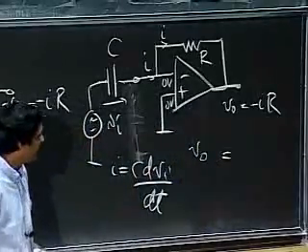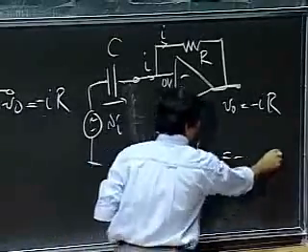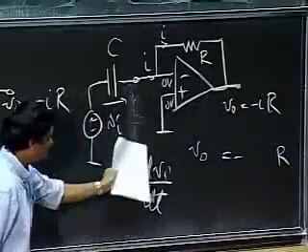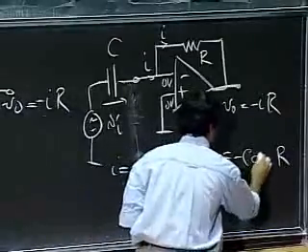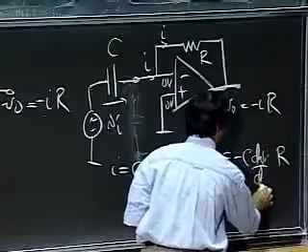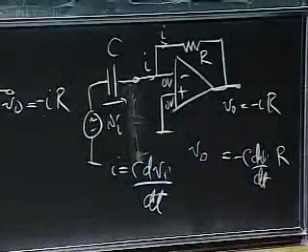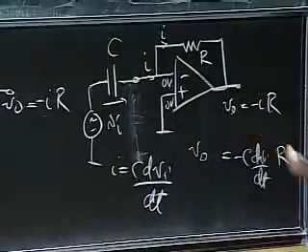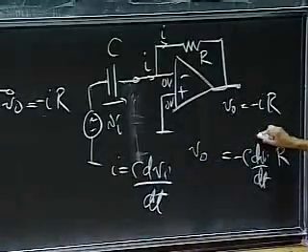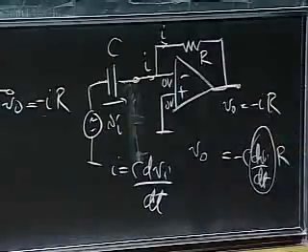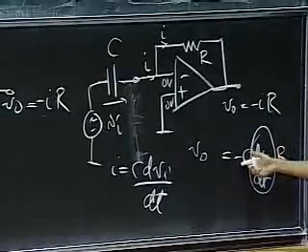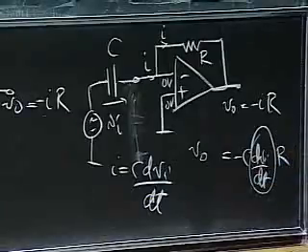So V naught is simply minus R, let me substitute for I there, C dVi dt. So notice then that my V naught is now proportional to dVi dt. V naught is some RC time constant times dVi dt, and therefore I have my differentiator circuit.